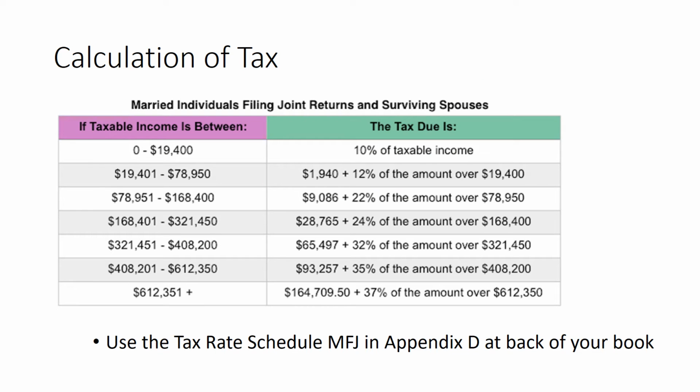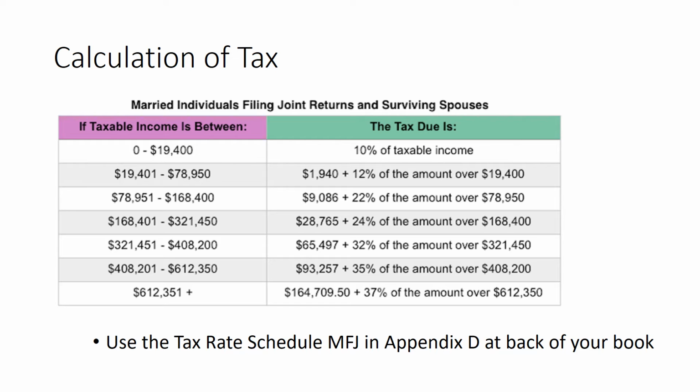And there it is. Now I downloaded this off the internet, so it looks just a tiny bit different than what's in the back of your book, but the picture might be a little bit different color-wise, but the numbers are basically the same. So what this is saying is if you're married filing joint on your tax return, your first $19,400 of taxable income is taxed at 10%.